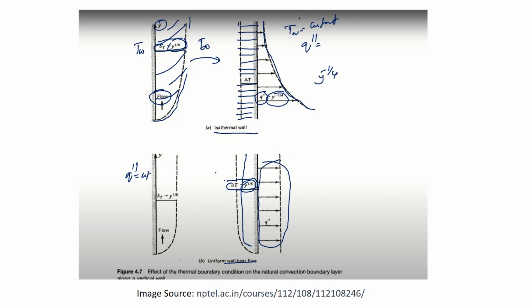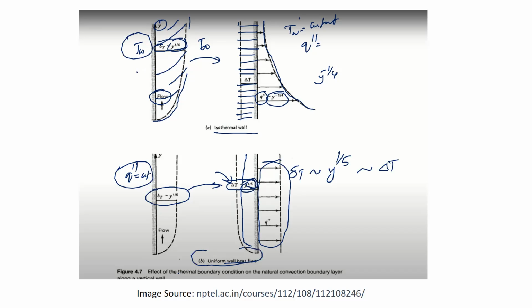This is coming out of the expressions, that 1 by 5 ratio. So Q double prime is constant. See, the delta T is proportional to y raised to 1 by 5, so the temperature has to change at a rate of 1 by 5. Correspondingly, that is affecting the delta T. Okay. So that understanding should be there.